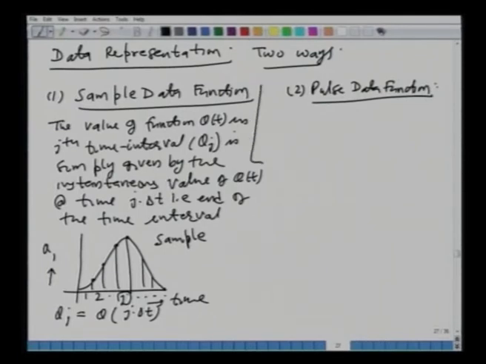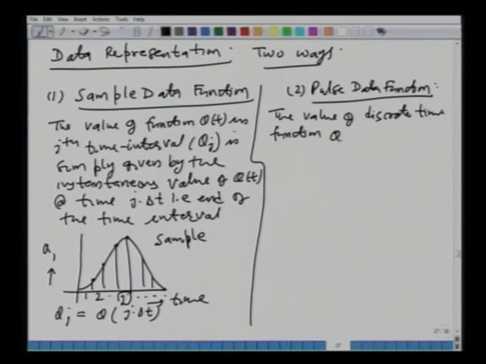Let me draw a line here. In this one, the value of discrete time function qj is given by the area under the continuous curve.